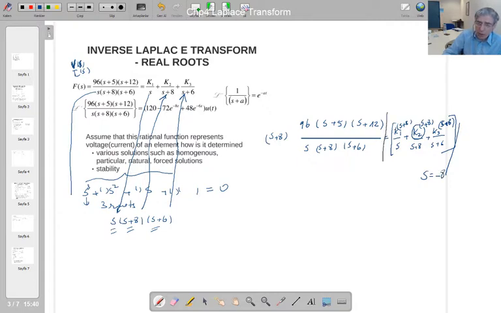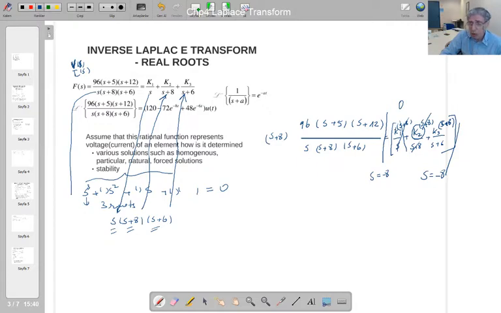Right hand side, similar thing. So what happens on the right hand side? I multiplied each term here with s plus 8, replaced s with minus 8. This is going to be 0, isn't it? Multiplied by s plus 8, this s plus 8, this s plus 8, it disappears. So what is left is k2 here.